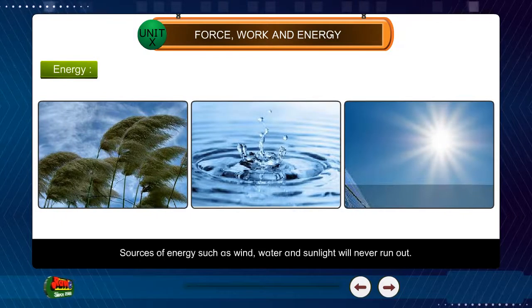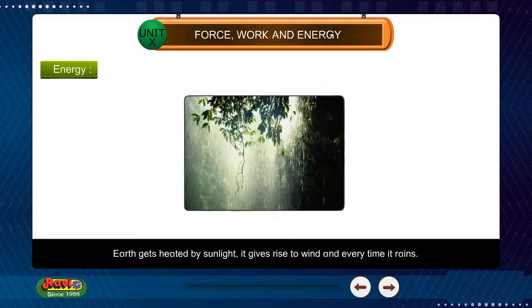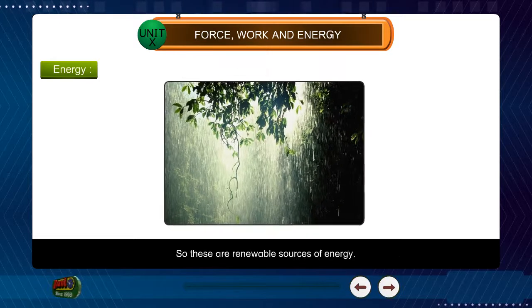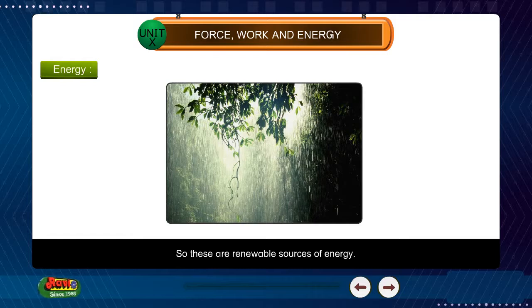Sources of energy such as wind, water, and sunlight will never run out. Earth gets heated by sunlight. It gives rise to wind and every time it rains. So, these are renewable sources of energy.